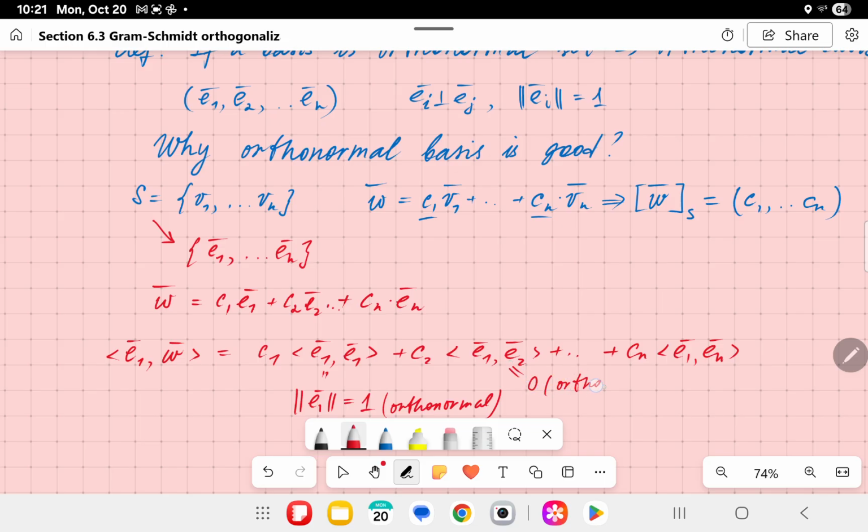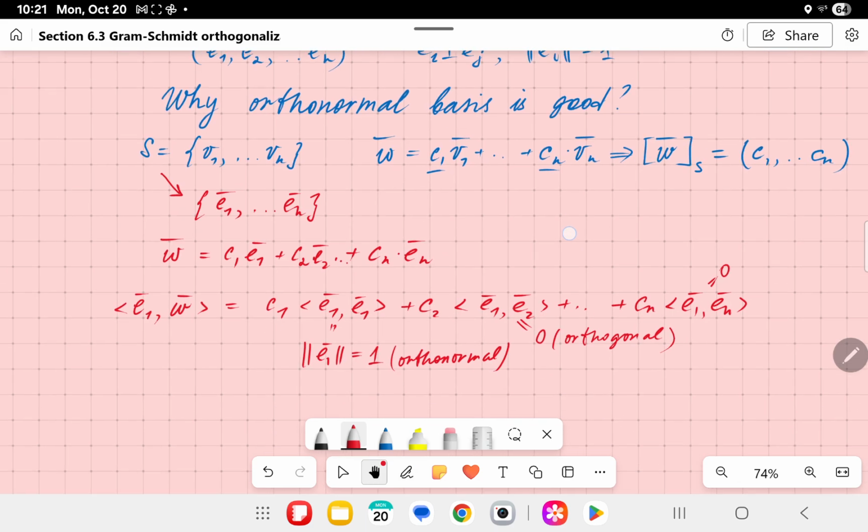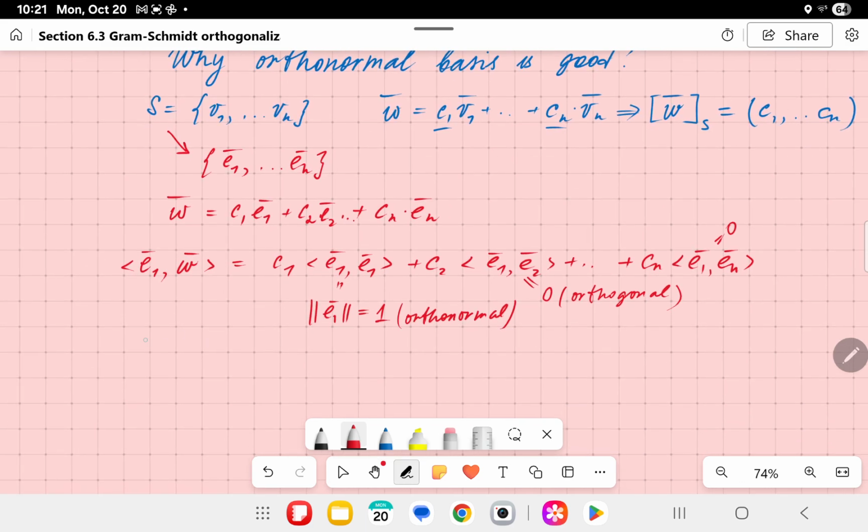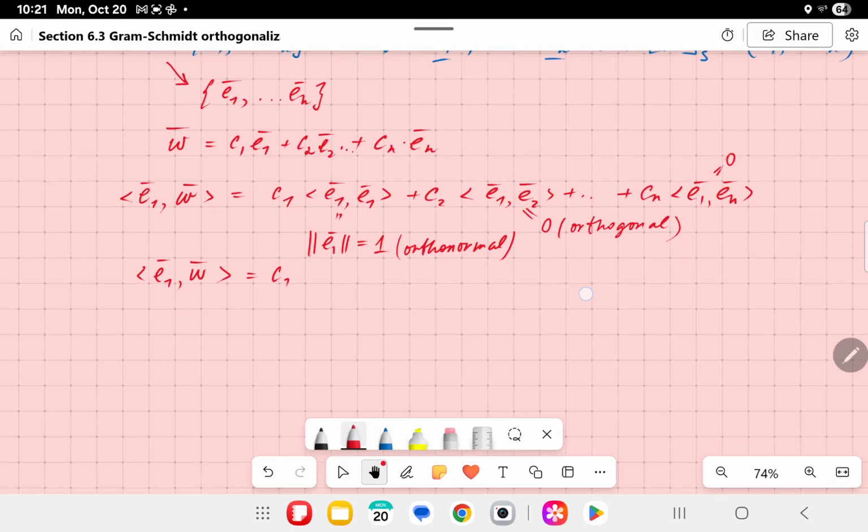So all of these products are equal to 0 except the first term. For the first term we have the equation: E1 with W, our unknown vector whose coordinates we want to find, and because this is 1, we just have C1. So we have the answer for the first coordinate by just doing the dot product of the first vector of the orthonormal basis with our arbitrary vector.